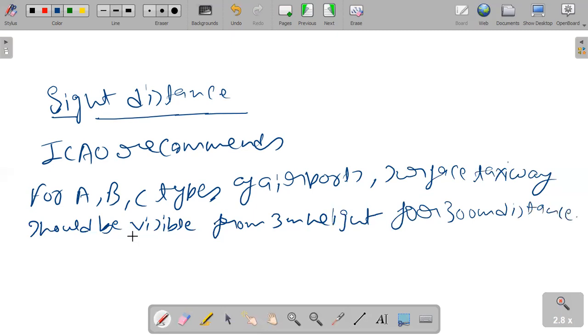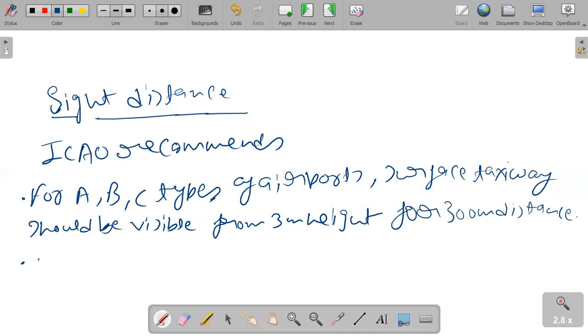And for D, E type of airport, the surface of taxiway should be visible from 2.1 meter of height for 250-meter distance.